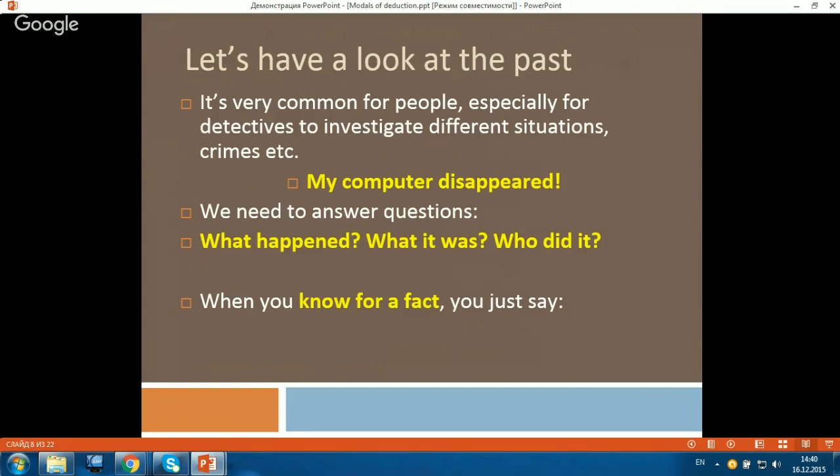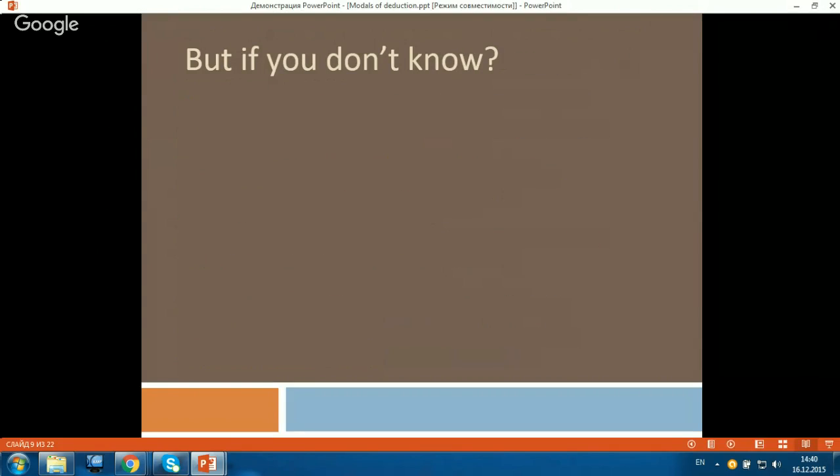When you know for a fact, of course, you just say, it was my colleague and she took my computer. But if I don't know for a fact, what happens? Again, guys, different modal verbs can help us, but this time they look a little bit special.